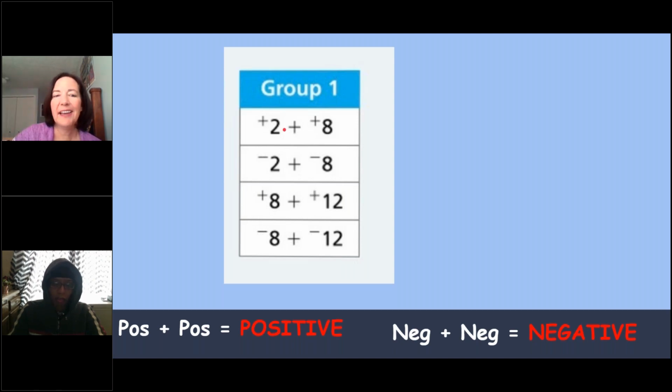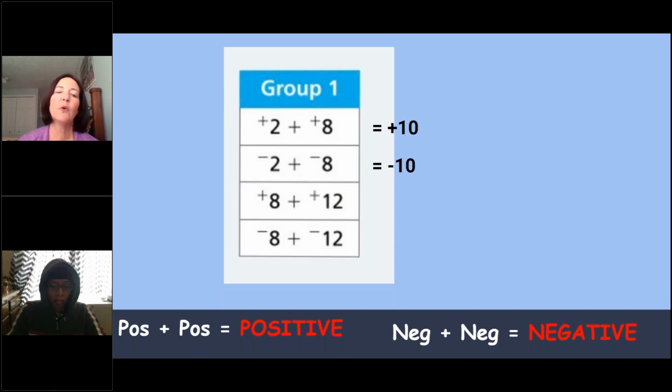Nice. Positive 10, because those were both positive. So in this example, -2 plus -8, again, we would just add the absolute values. So what is 2 plus 8? It's 10. It's a -10. Nice, because they were both negative terms.